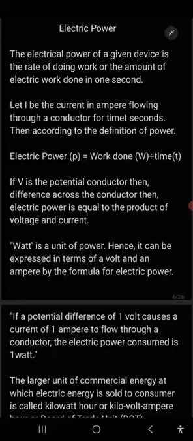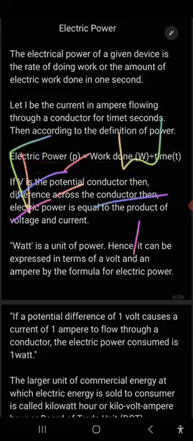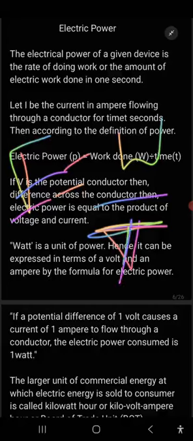Electric power can be defined as work by time. So P equals work by time. It's very basic.